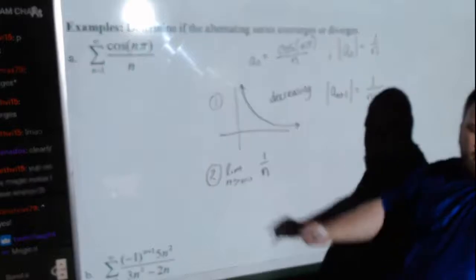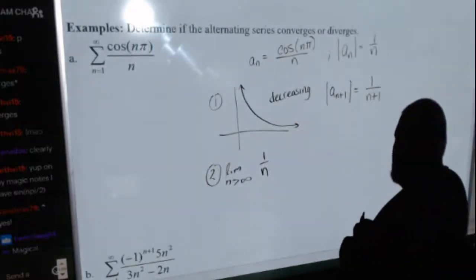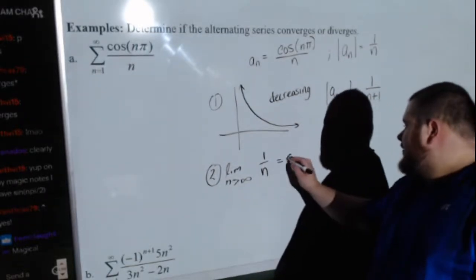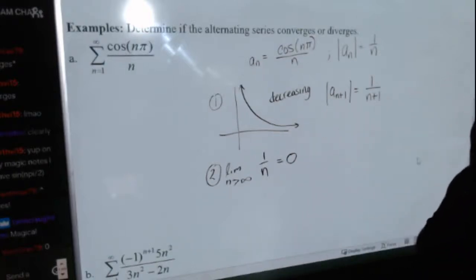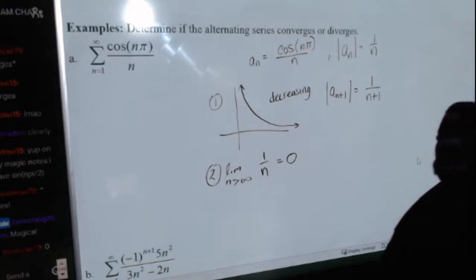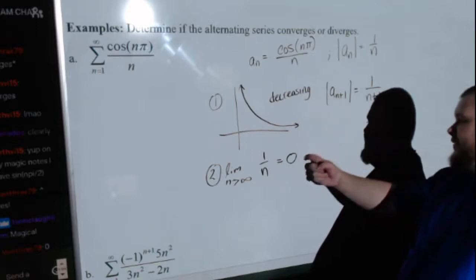The limit of that function is very easily 0. All right. So we've proven that it is decreasing and the limit is 0.